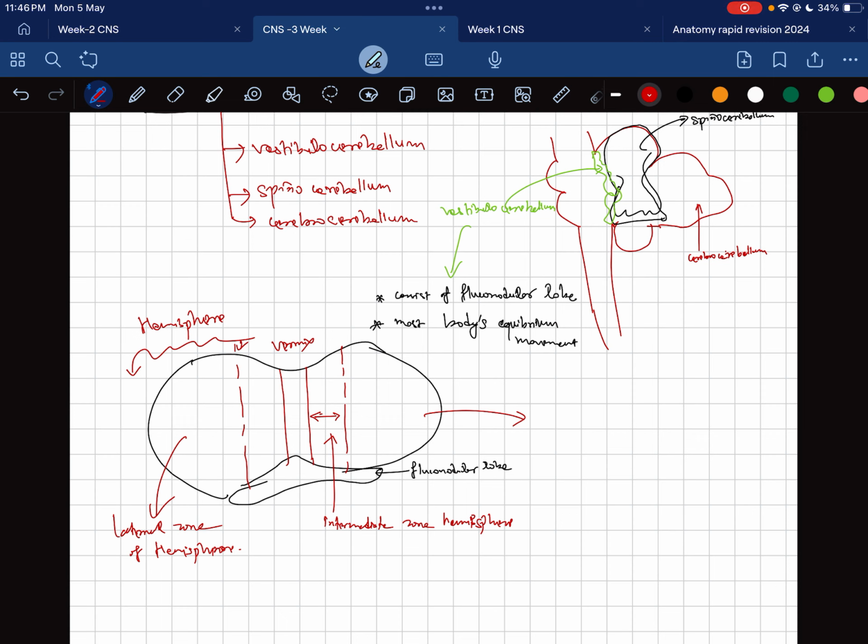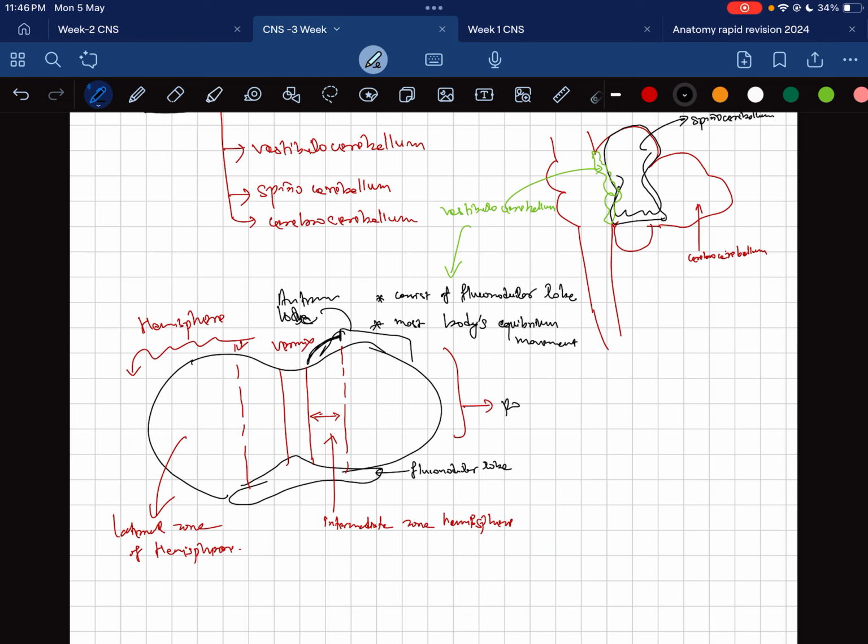And this is the posterior lobe. When we look from here, this is the posterior lobe, and when we look above, this is the anterior lobe, the anterior lobe till this line.